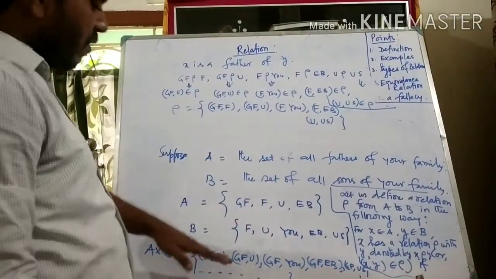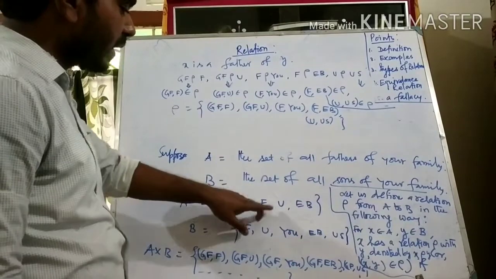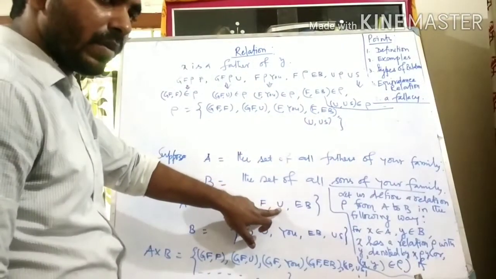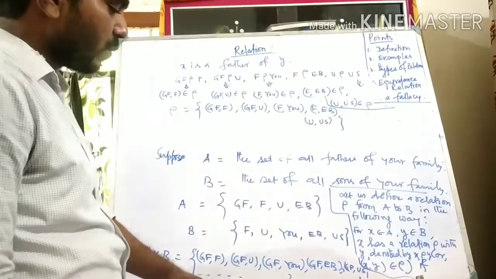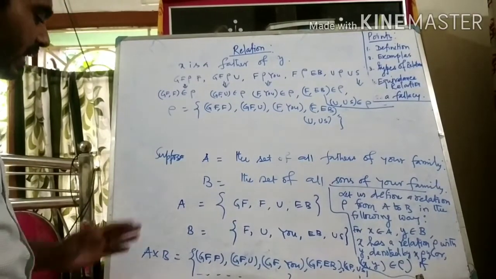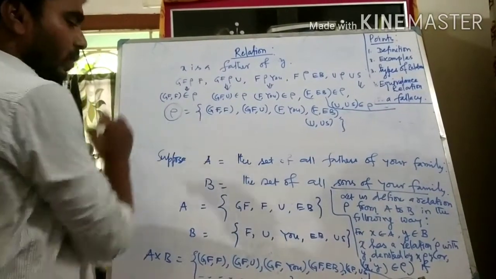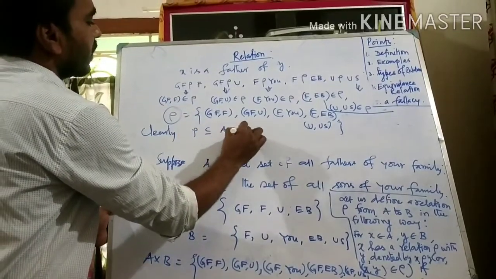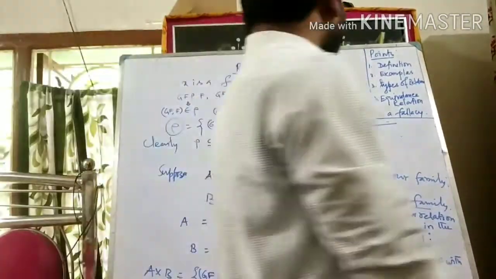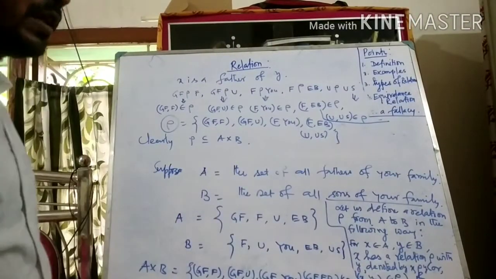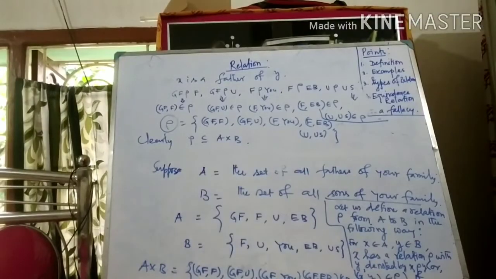We are getting 5 elements for this element. Similarly, we will also get 5 elements for this element, and so on. So I am not listing all these elements. This is our A cross B, and it is clear that this set rho is a subset of A cross B. Whatever the relation may be, we are familiar with them in real-life situations.